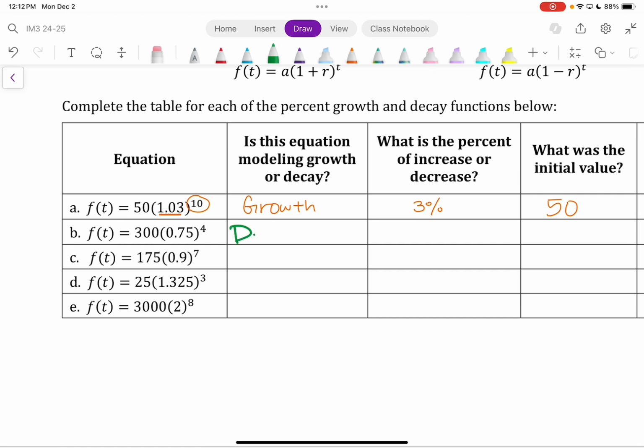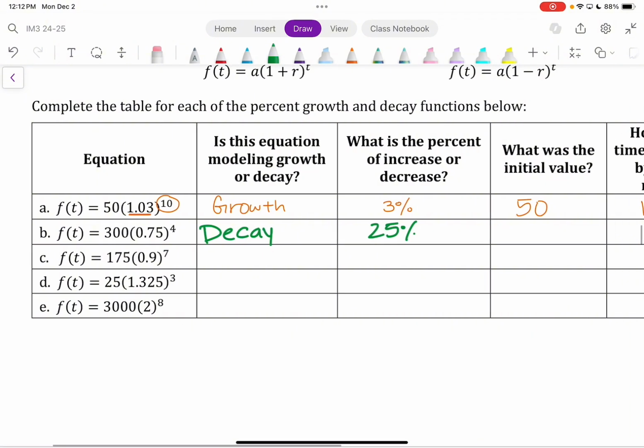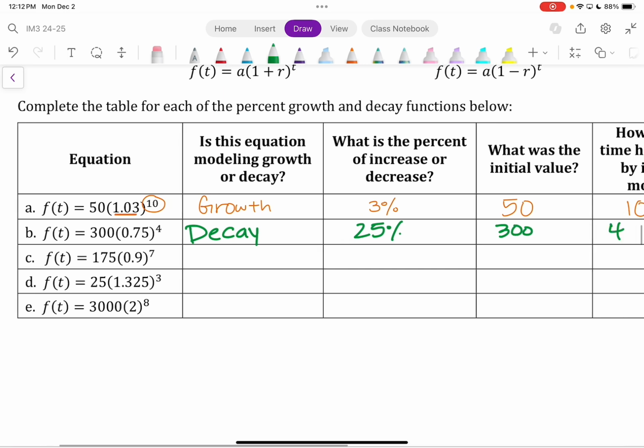This is decay because the value in parentheses is less than 1. Now, it meant that we subtracted by 25%. Because if you subtract 0.25 from 1, that will give you 0.75. The initial value is 300 and 4 years have gone by.